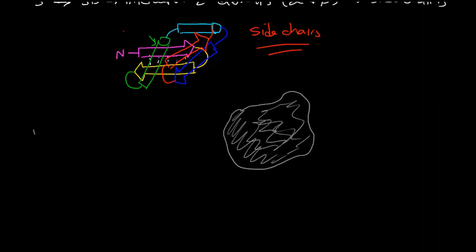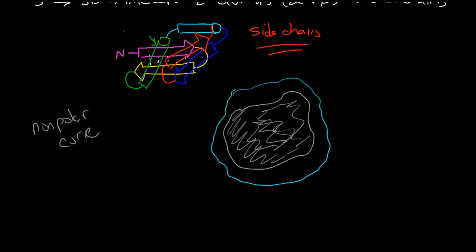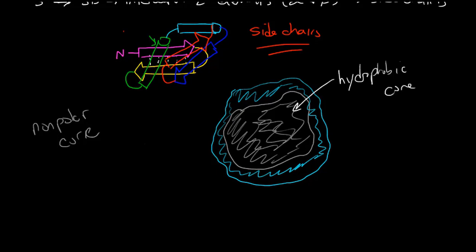It's all of the non-polar side chains being shoved into the middle, so a non-polar core. And then decorating the outside are polar amino acids that can interact well with water. So we have this layer on the outside of amino acid side chains that can interact with water. So we have a hydrophobic core, and we have a hydrophilic outside.